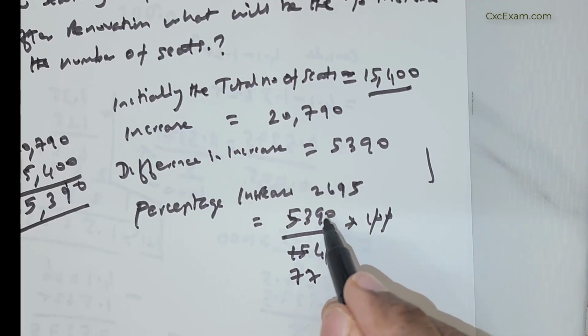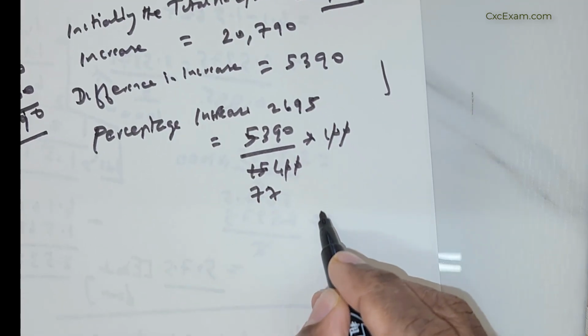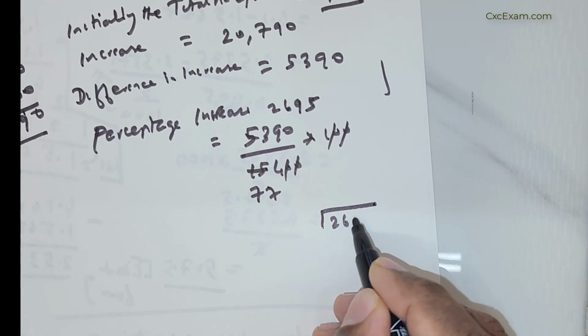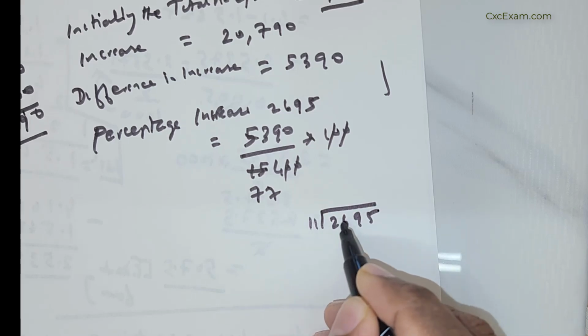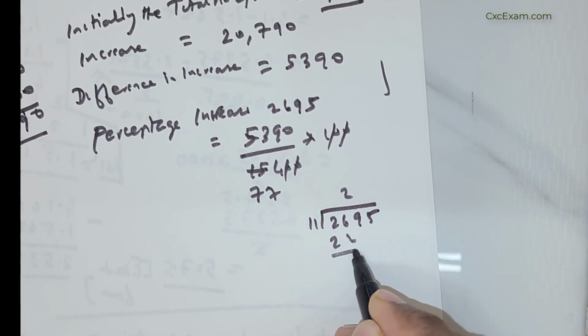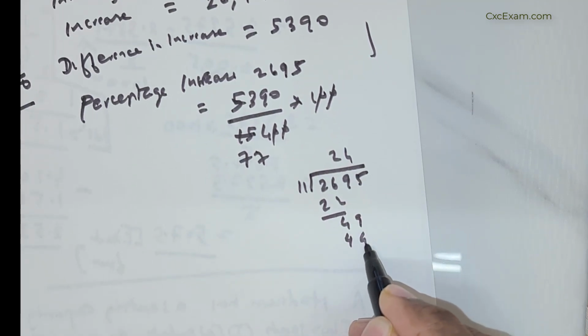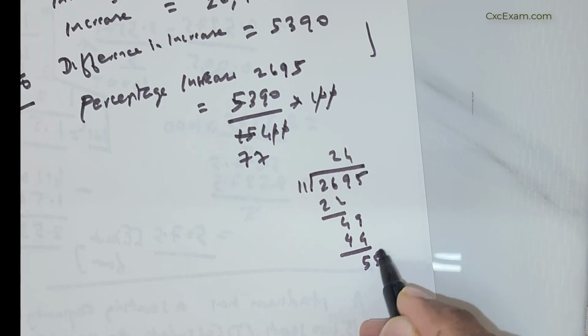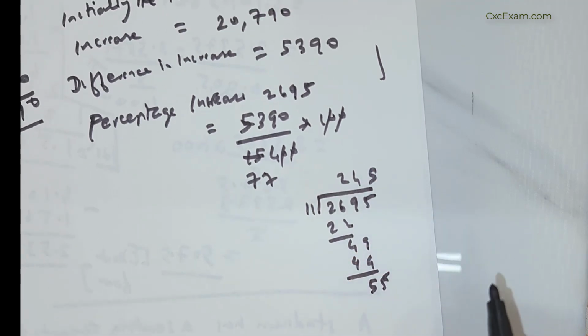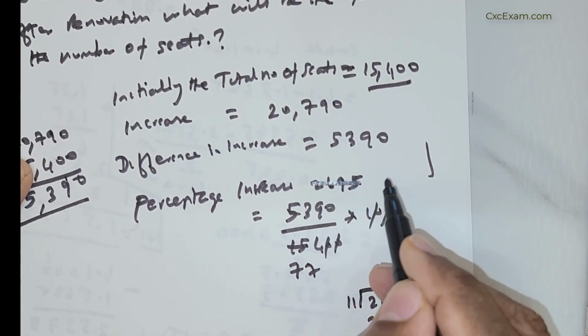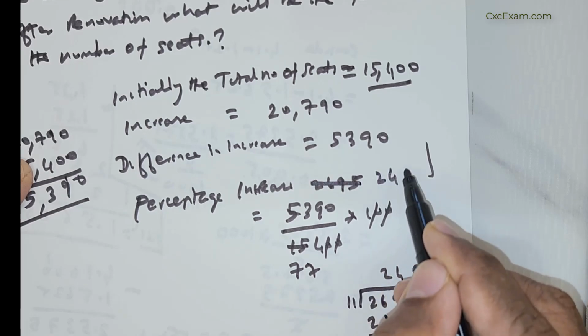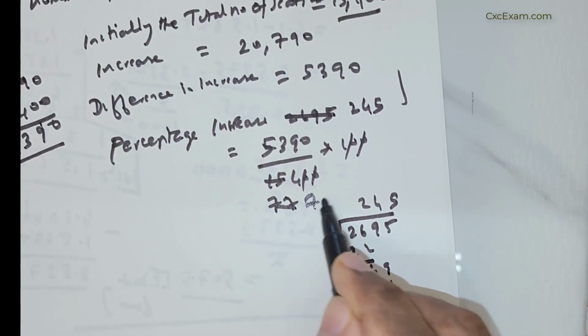So you have this. So let me check if 2695 is divisible by 11. 22, 49, 4, 44, 5, 45. Okay, that's fair enough. So 11 divides here 245 times. 11 divides here 7 times.